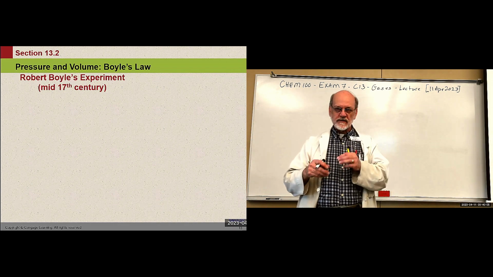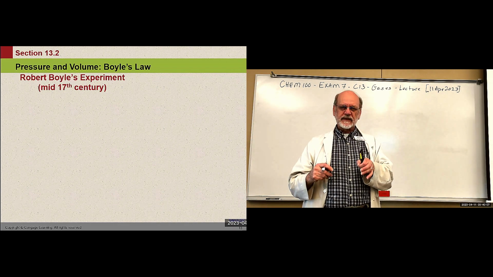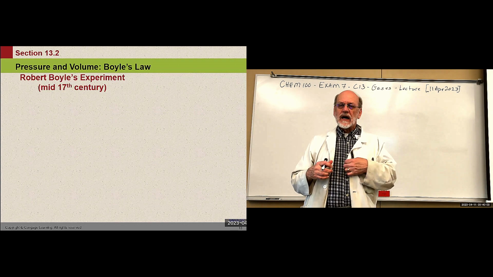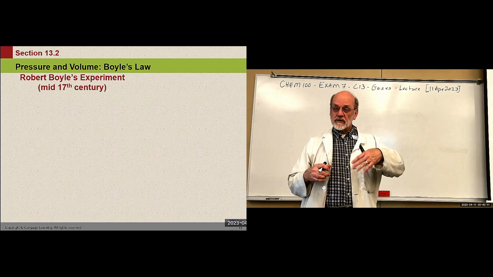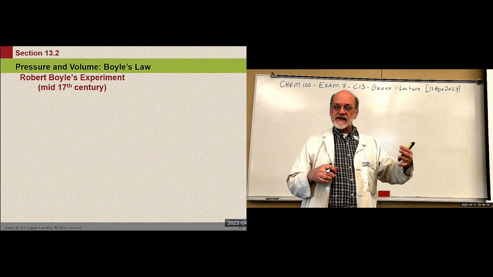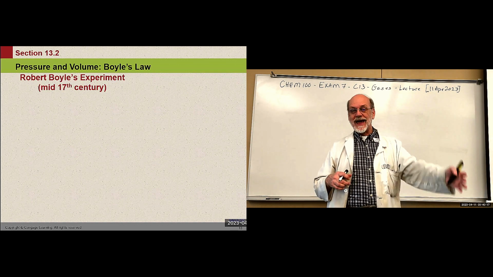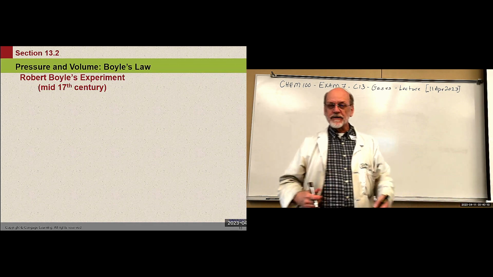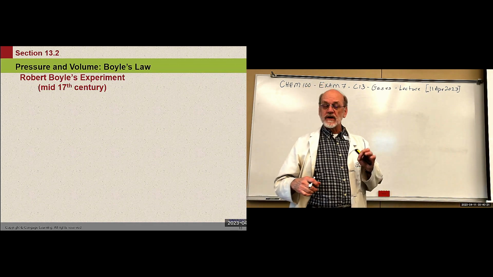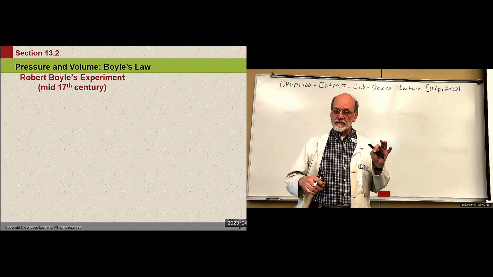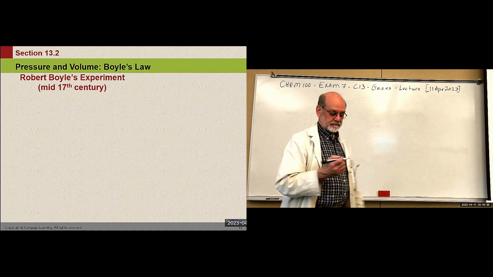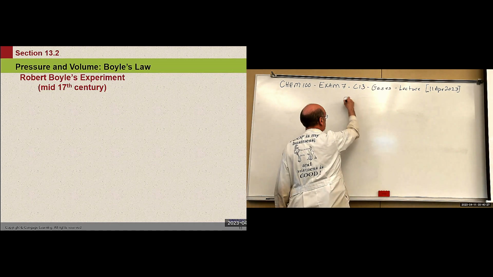It's very limited, it's very specific. A theory goes a step beyond that. It says, this is why the law works. This is why it happens. The first one that came available was proposed by Robert Boyle. This is Boyle's law.